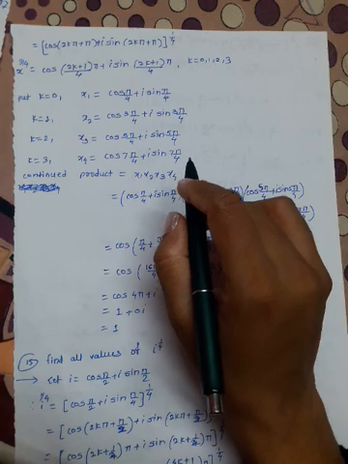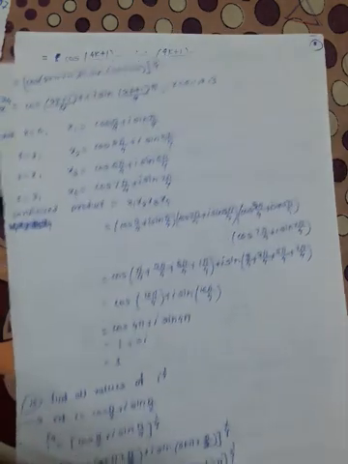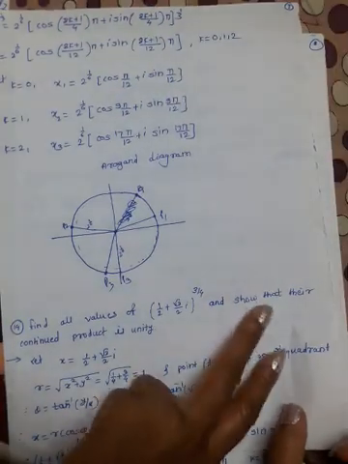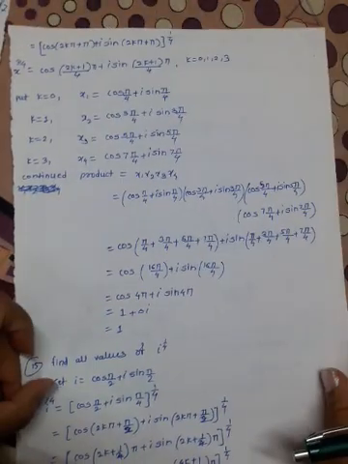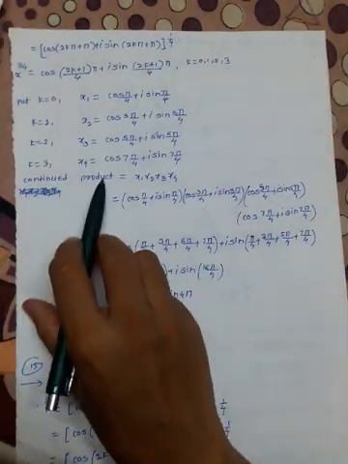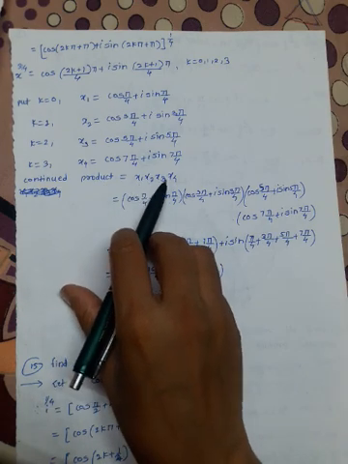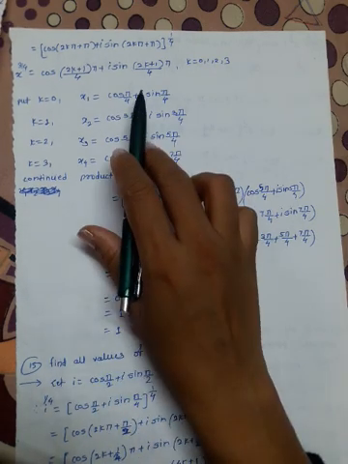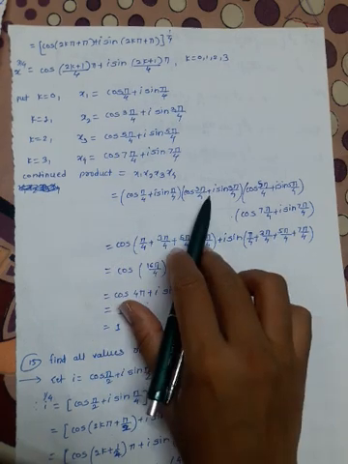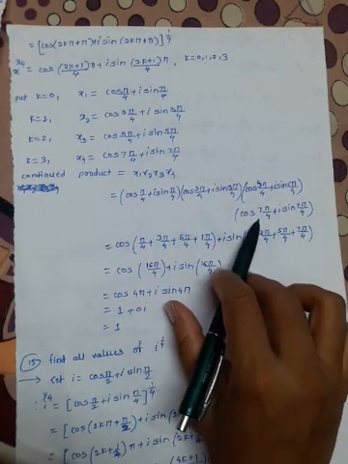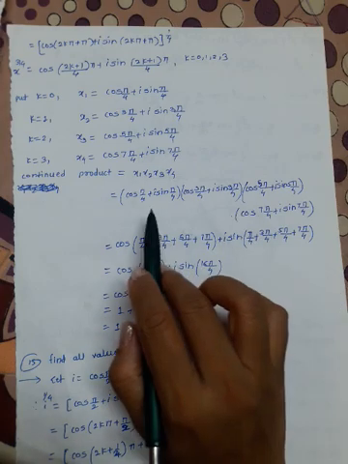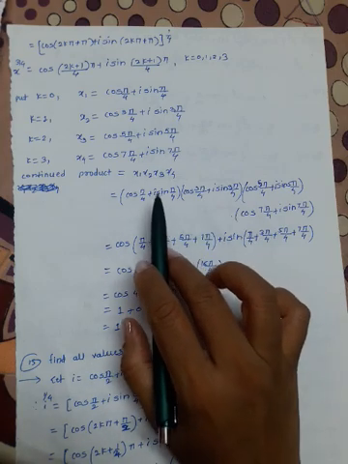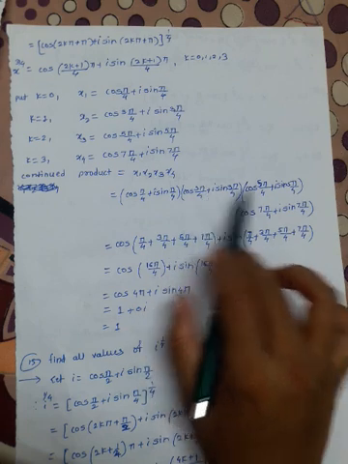Now the second question is show that their continued product, meaning we have to take the product of these 4 roots. Therefore the continued product is equal to x1 into x2 into x3 into x4. I put these values here. Now this is a multiplication of complex numbers in brackets, and the middle sign of every bracket is plus.